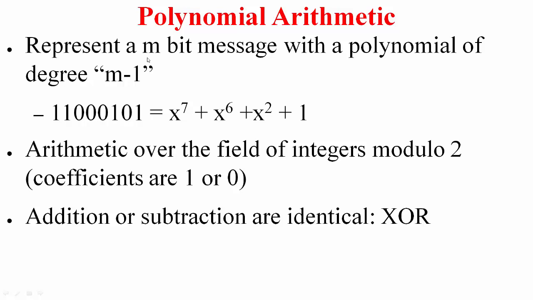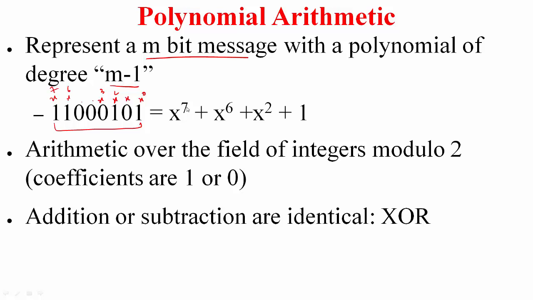In polynomial arithmetic, you represent an m-bit message with a polynomial of degree m-1. So here we have an 8-bit message which I am representing by this polynomial. So this corresponds to x to the power of 0. This is x, x square, x cube, and so on, x4, x5, x6, x7.